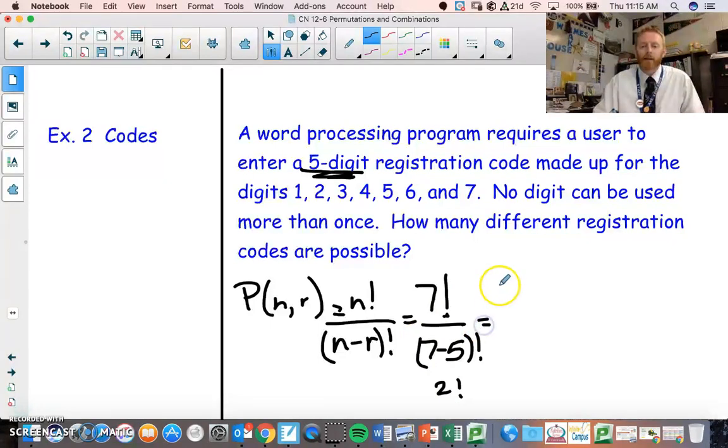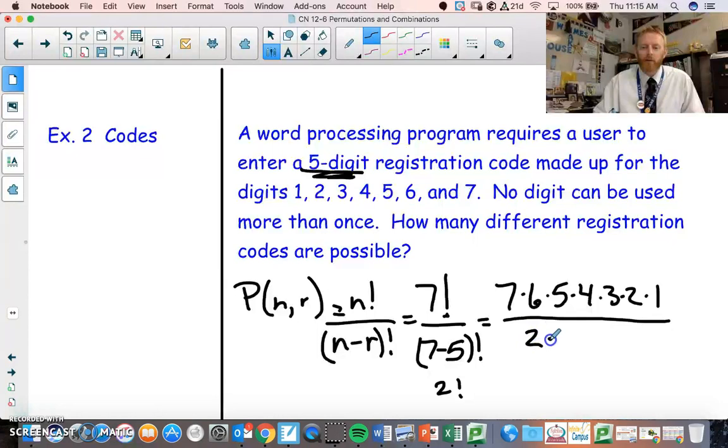So what this looks like is we have 7 times 6 times 5 times 4 times 3 times 2 times 1. And on the bottom, we would have 2 times 1. So you'll see that my 2's cancel and my 1's cancel. So we're really just doing 7 times 6 times 5 times 4 times 3.